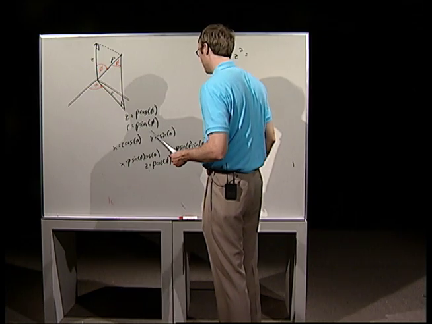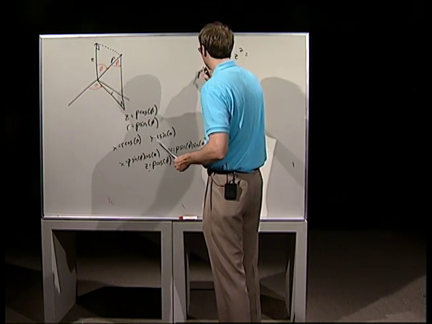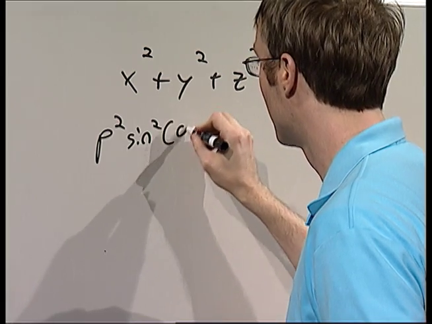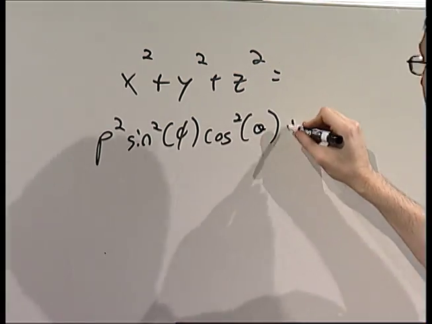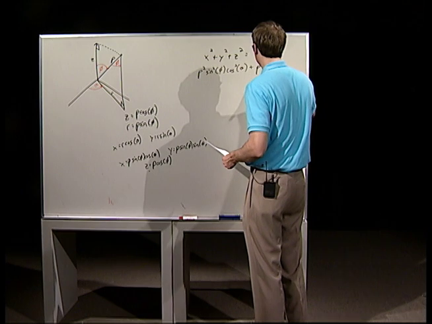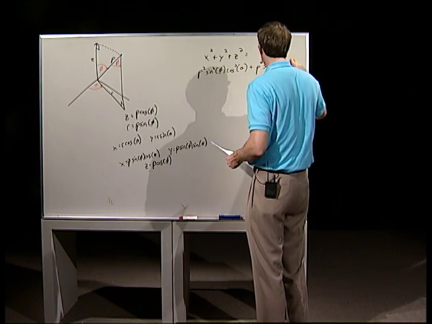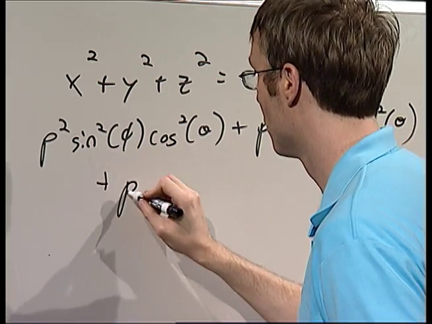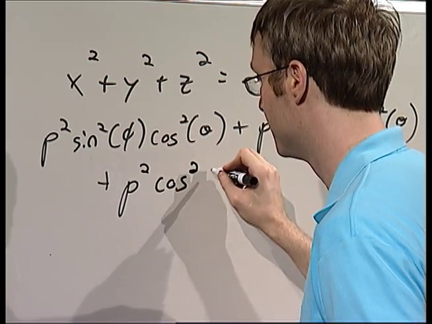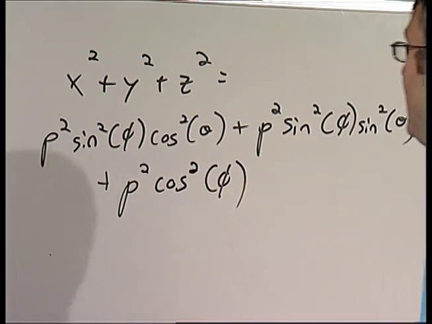I better maybe write this out: rho squared sine squared phi cos squared theta, rho squared sine squared phi sine squared theta, rho squared cos squared phi, right?